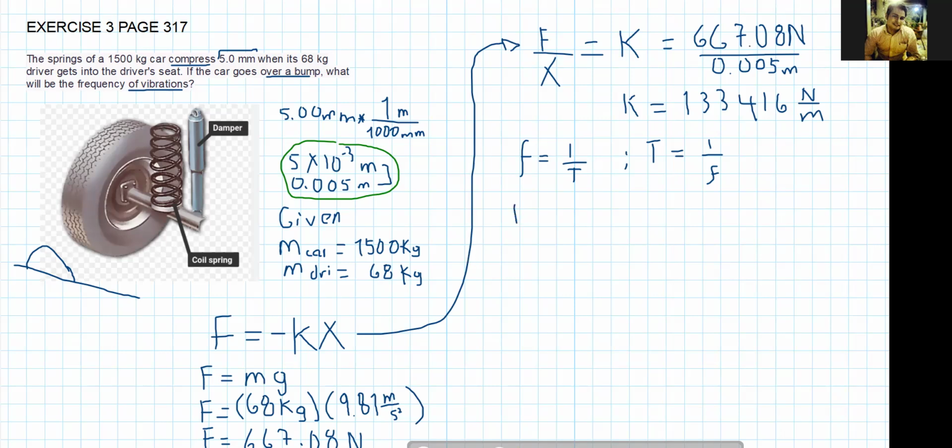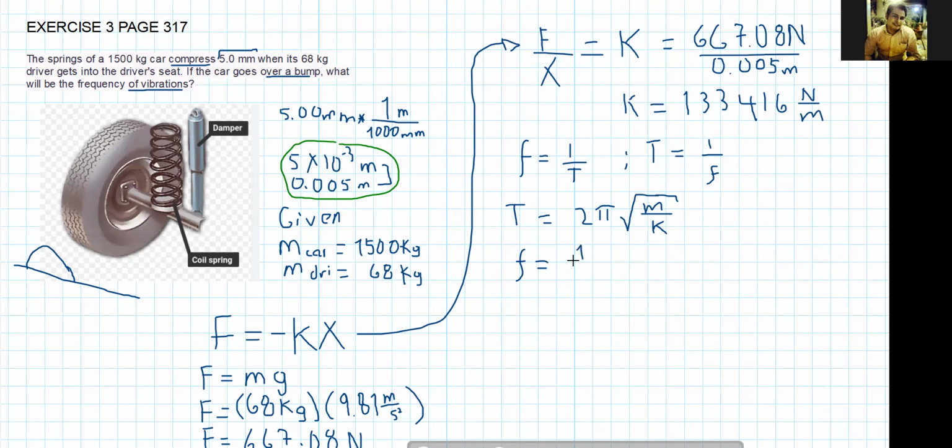So the period is equal to 2 pi, because this one corresponds to the cycle, square root of the mass divided by the constant of the spring, okay? This is what we have as the period. Okay, if the period is the inverse of the frequency, and the frequency is the inverse of the period, right, now we're looking for the frequency.